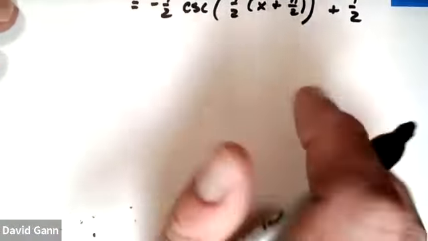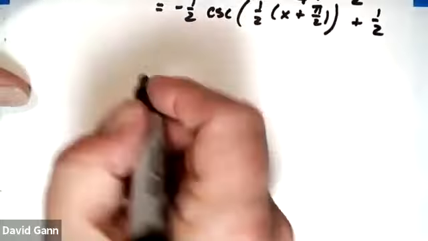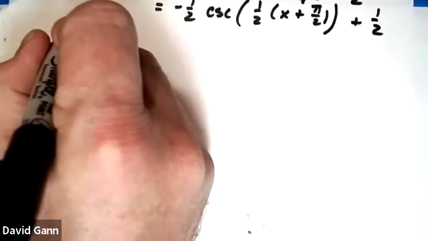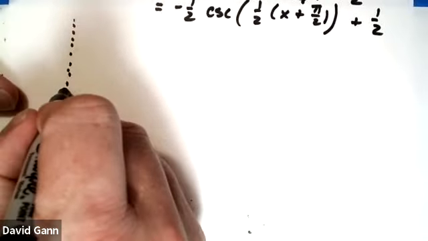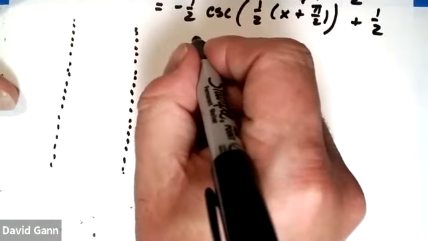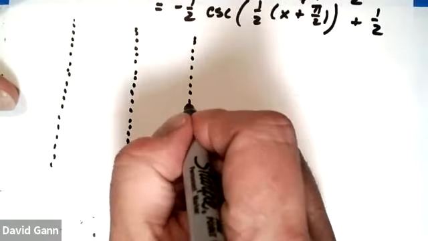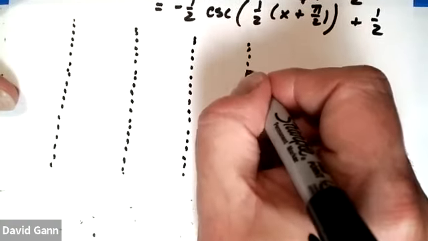So the first thing to do is to draw a cosecant function without any axes. So I'm going to start with vertical asymptotes, as we've done previously. Maybe put a couple of them in there.